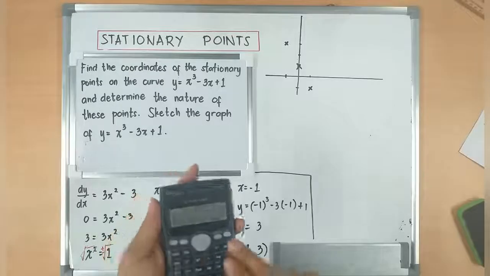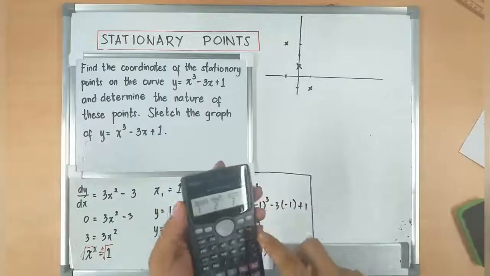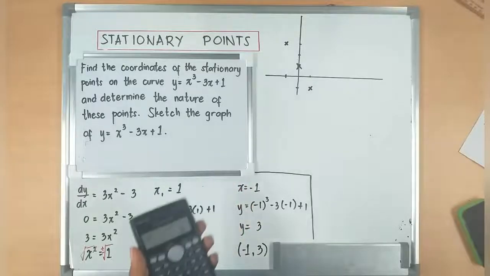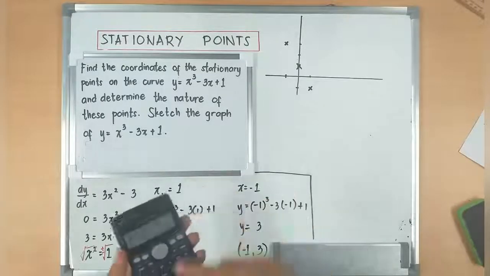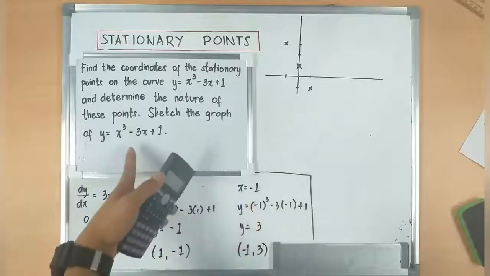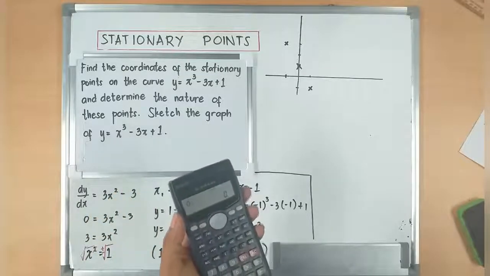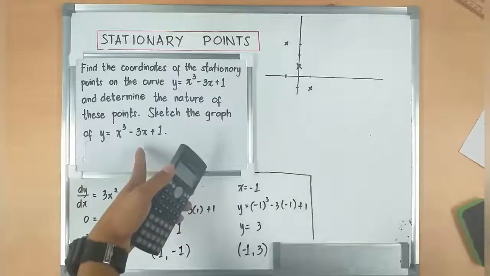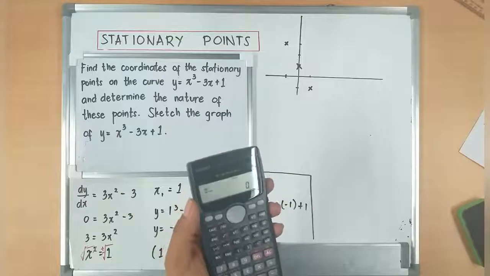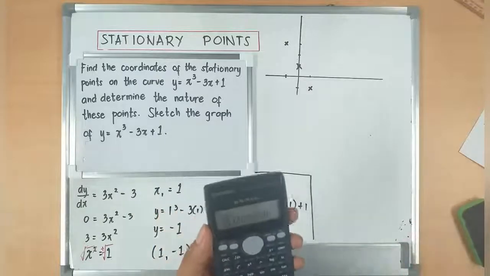So I have here mode equation, degree 3. So I have x cubed, which is 1. Okay, x squared is missing, so 0. Negative 3x, so negative 3, and then 1.